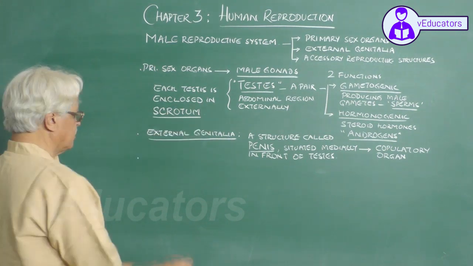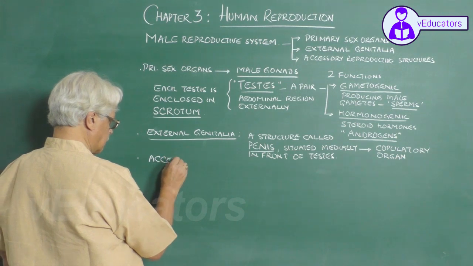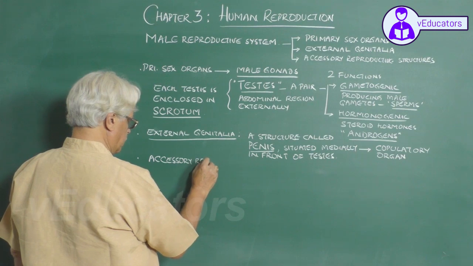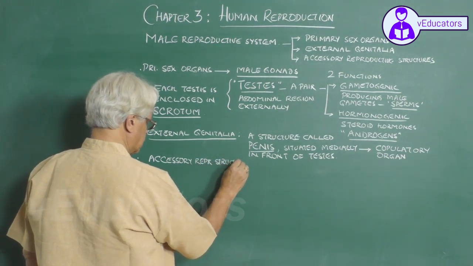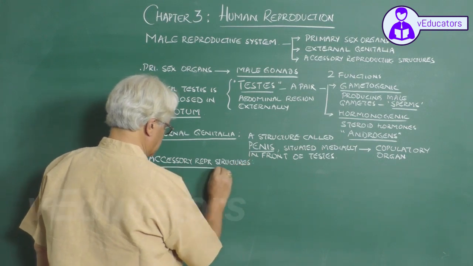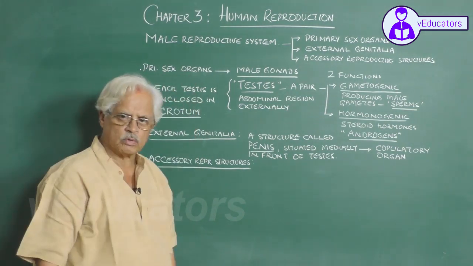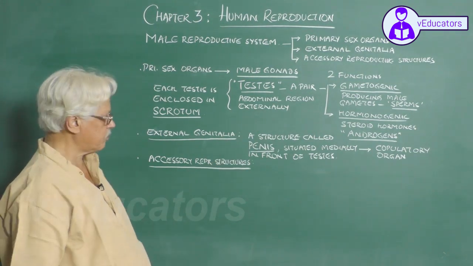Then we have accessory reproductive structures. Accessory reproductive structures are structures that are associated with the testis in carrying out various functions related to reproduction.